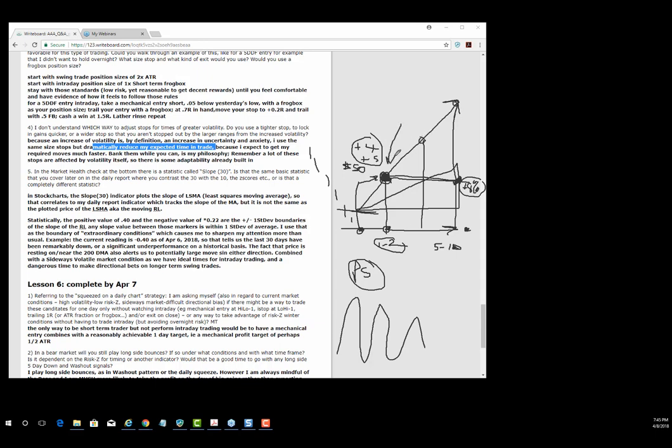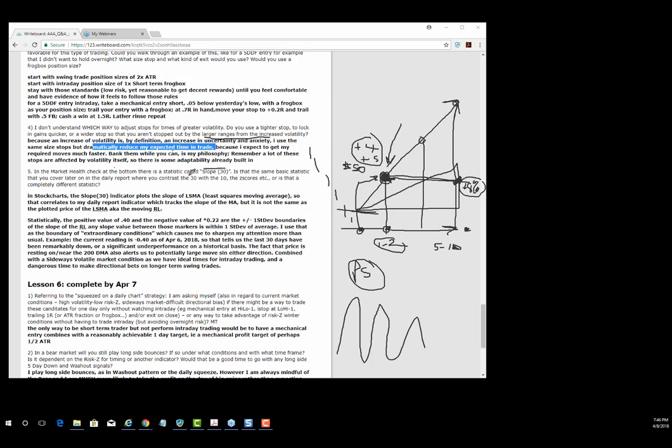Take them when you get them. Don't let a winning trade become a losing trade. So during periods of increased volatility is no time to start believing in your trades more. You should believe in them less because it represents an increase in uncertainty and anxiety in the other traders as well.